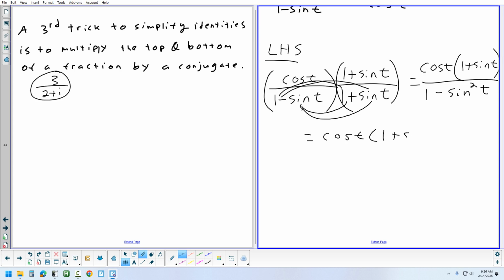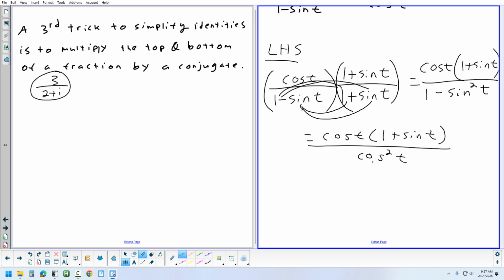Cosine times 1 plus sine over cosine squared. Now the top and the bottom have something in common. What do they both have in common? Cosine. The bottom has 2, cosine times cosine. The top has 1.